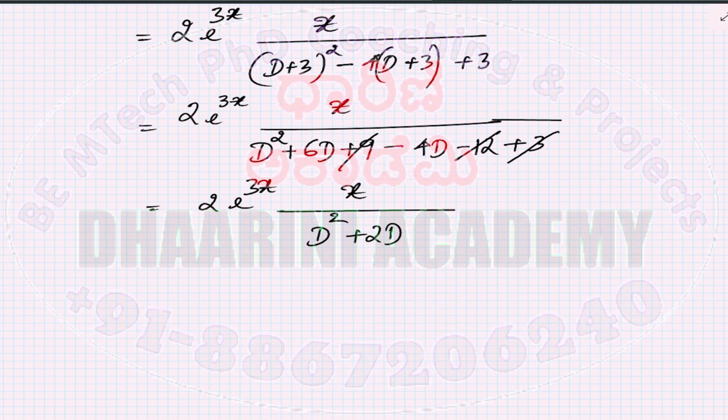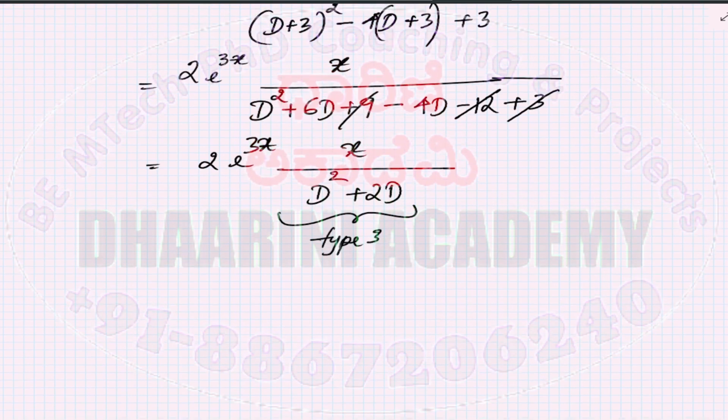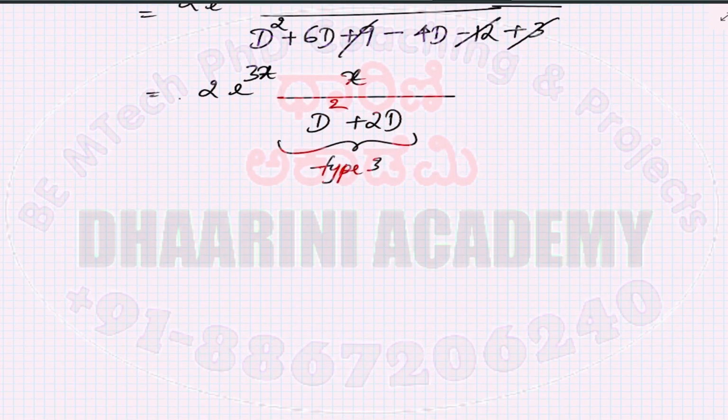Okay, now what I have to do is synthetic division, because this is what we got as type 3. So I'll include the 2 as well because there is already a 2 available. Let's use that.